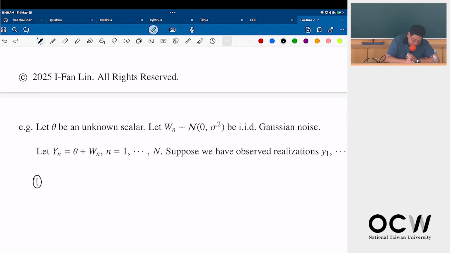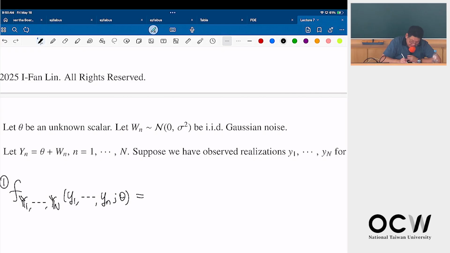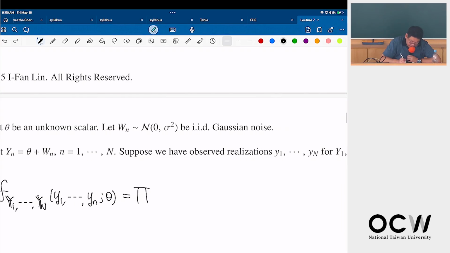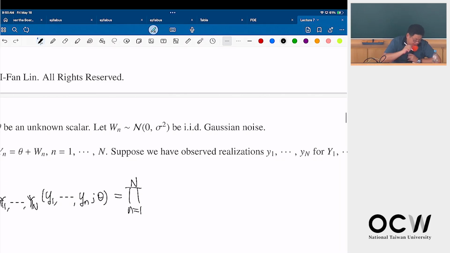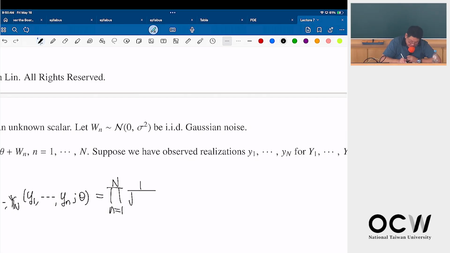So first, the joint PDF of y1 to yn with theta should be the multiplication of your Gaussian, n from 1 to capital N, 1 over square root of 2 pi sigma squared.